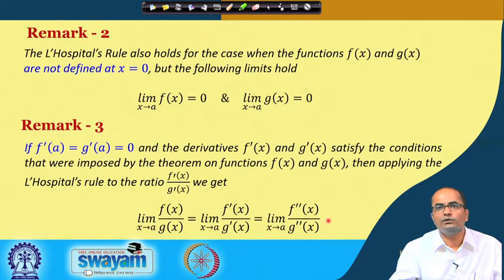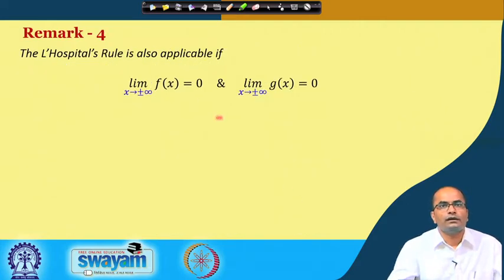Or we can continue this further if, for example, f double prime, the double derivative of f, also vanishes at x equal to a, and the double derivative of g also vanishes at x equal to a. So, we can further apply this L'Hopital rule to get the limit of the double derivative of f divided by the double derivative of g. So, L'Hopital rule is also applicable.